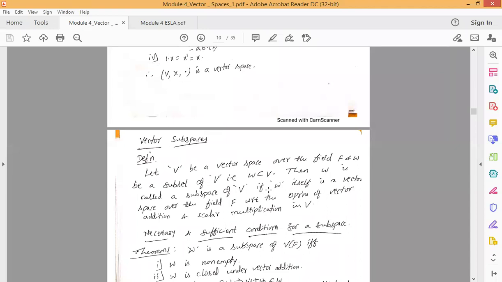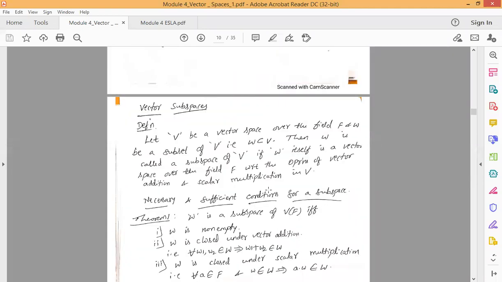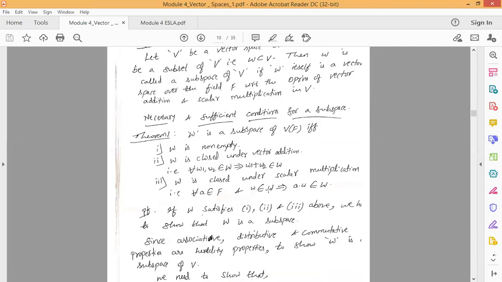In order to have a subspace, it has to satisfy two conditions: one is vector addition and the second is scalar multiplication, provided that the set we consider is non-empty. This is theorem 1, the necessary and sufficient conditions for a subspace.